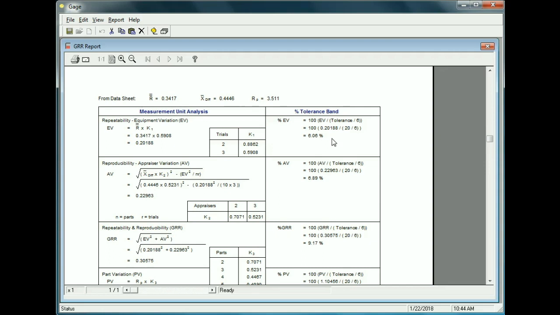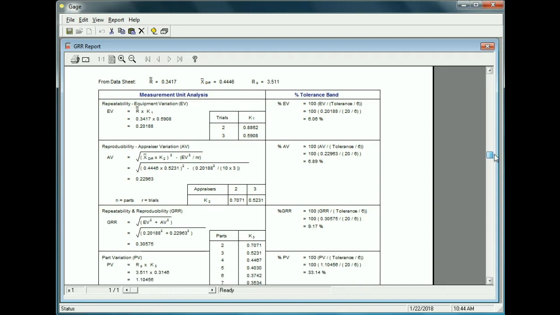When we do that and we work out the arithmetic, we find that based on the tolerance band, the repeatability or equipment variation is now roughly 6% of the total tolerance band. And in a similar way for the people doing the measuring, the appraiser variation is 6.89%. The overall Gage R&R is 9.17% based on tolerance band.